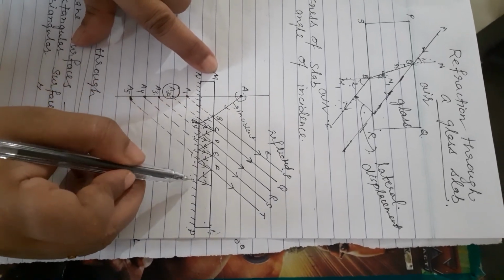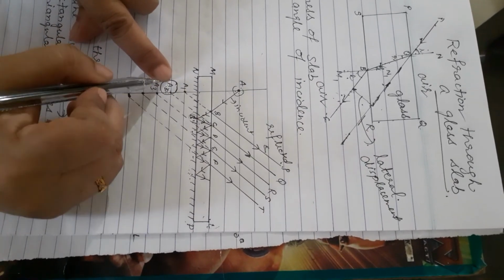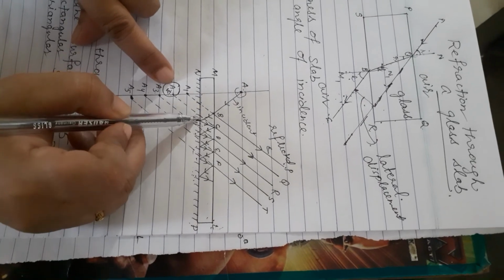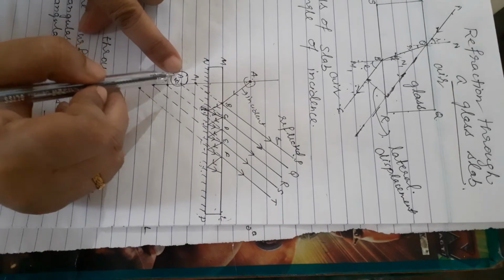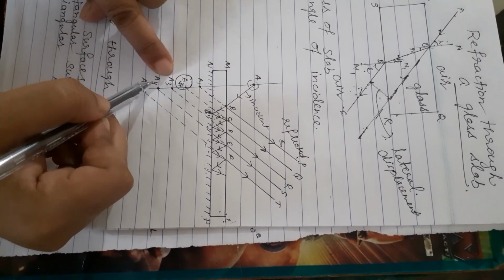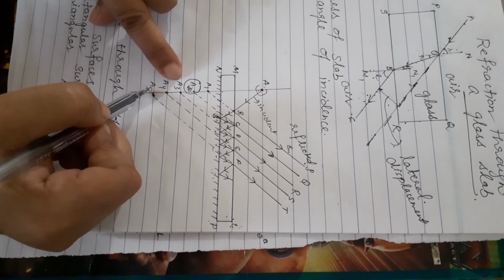Their intensity will start decreasing. A2 was the brightest one, because the first reflected ray was there, and that was the reason strong reflection takes place. Further, intensity will start decreasing, so brightness of the image will also start decreasing.